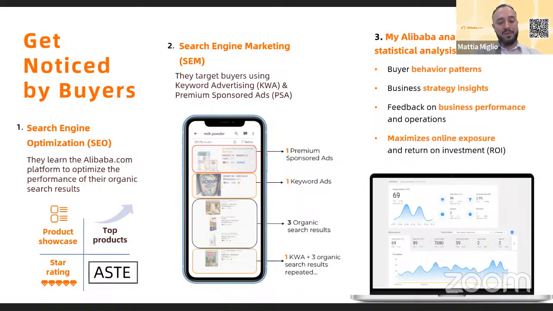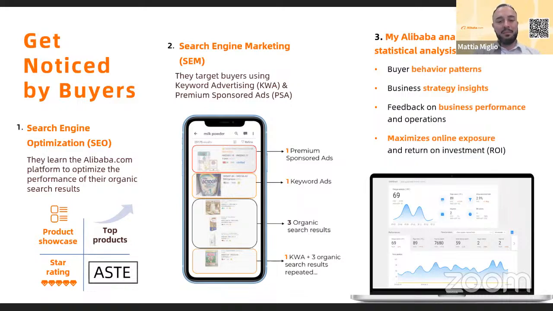understand that Alibaba.com is not just a B2B commerce platform to sell. Many big companies, but also medium-sized and small companies, are using Alibaba.com not only to sell, but for our data.